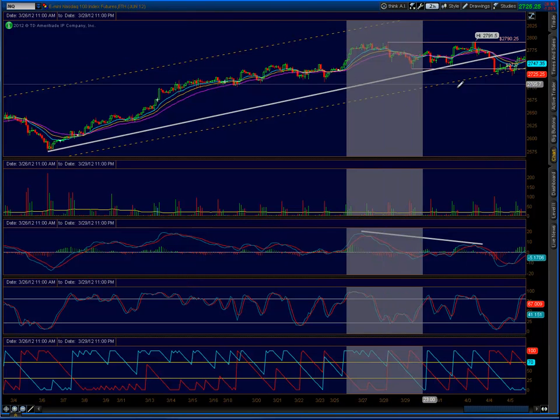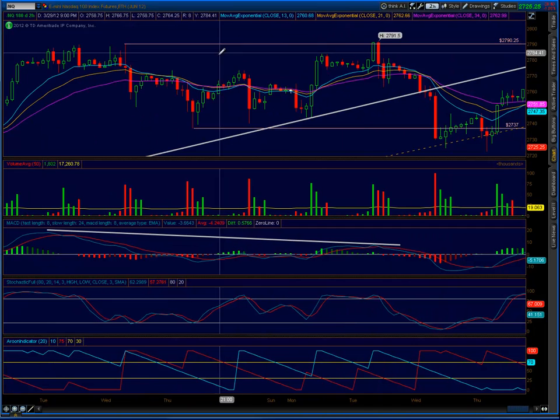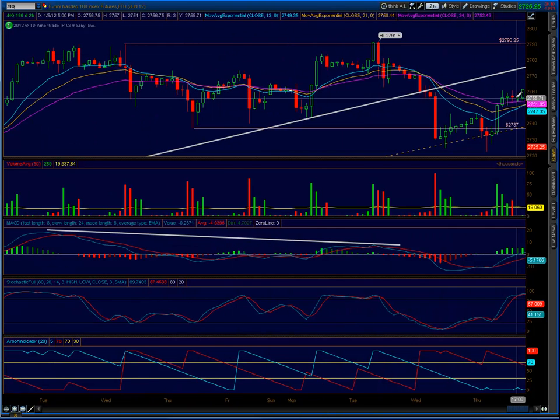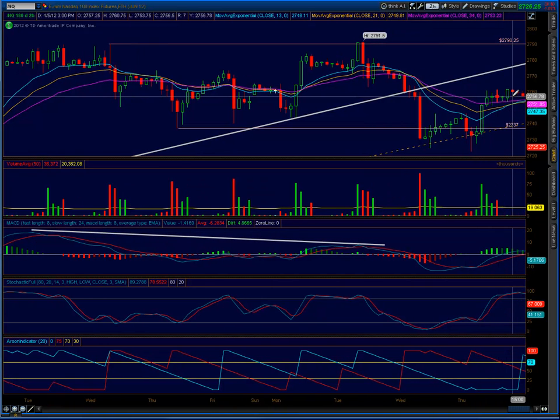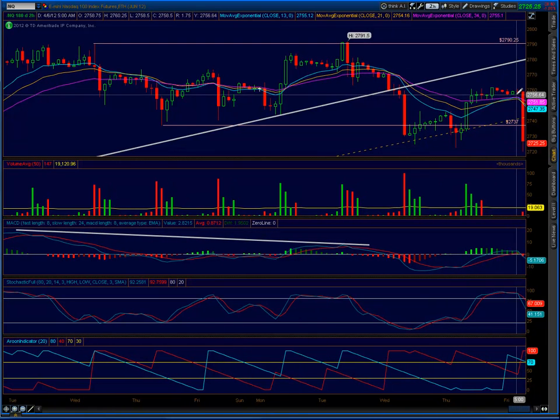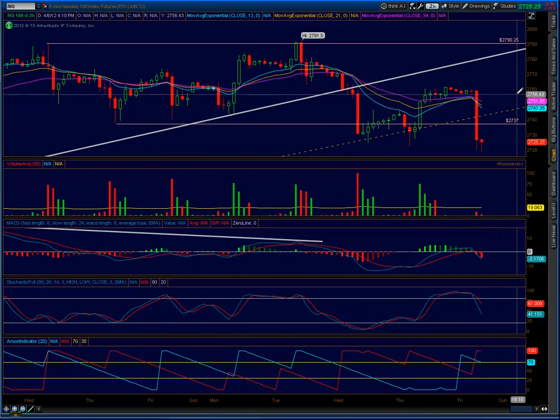So let me go ahead and zoom in, and this is once the market closed yesterday, and we're going to travel through time through the night the other way. So this is throughout the night and this morning. Voila.